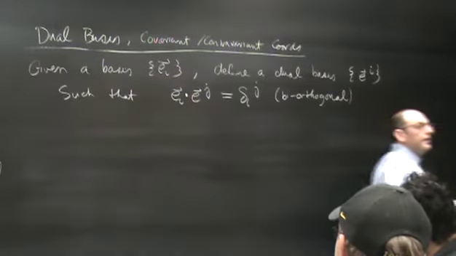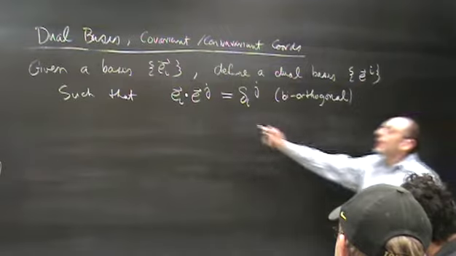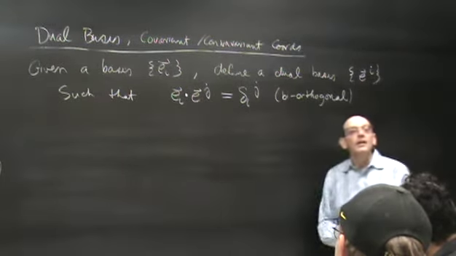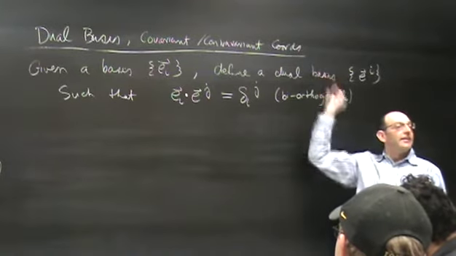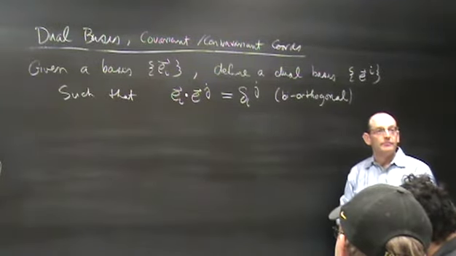In other words, E1 dotted into E1 superscript is 1, but E1 dotted into any other thing superscript is 0. Okay?